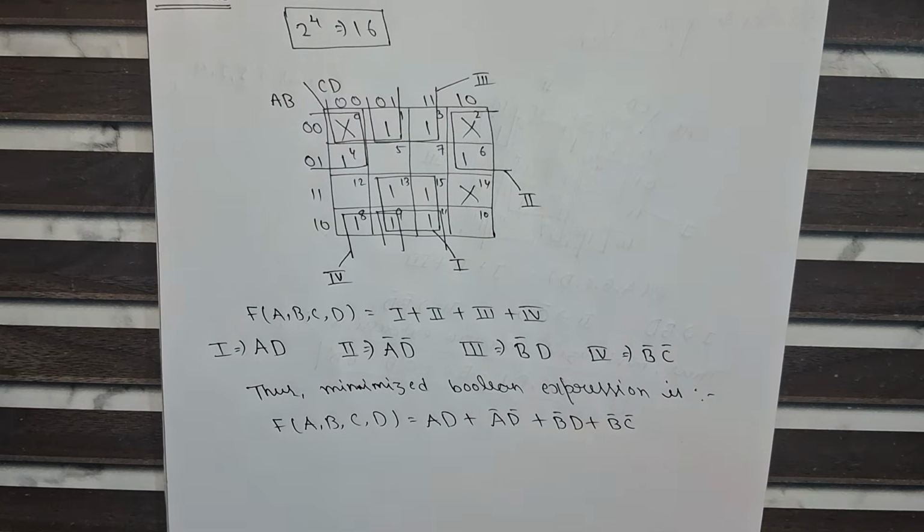So this is how you have to use the don't care values for making the maximum number of elements in one group, and then you have to minimize this Boolean expression by using a K-map. So like this you have to draw.